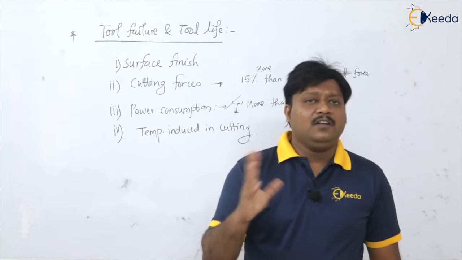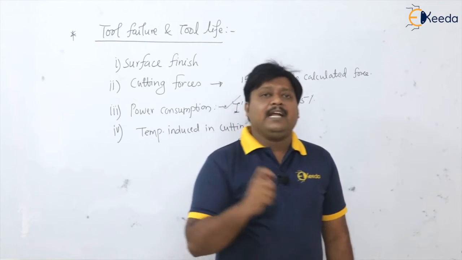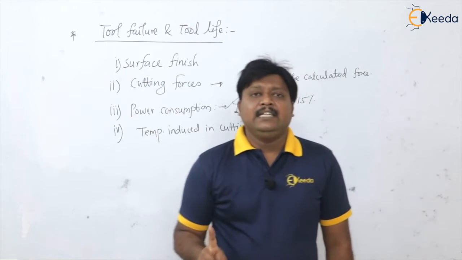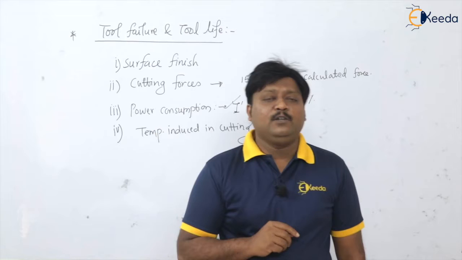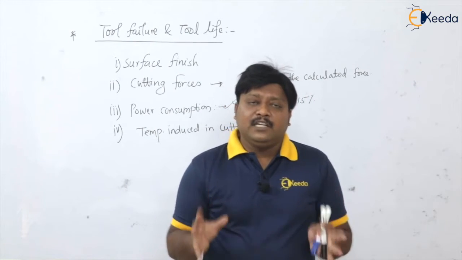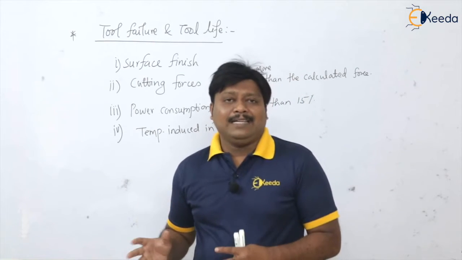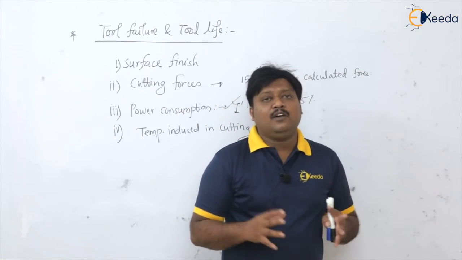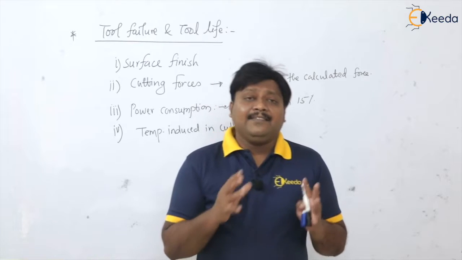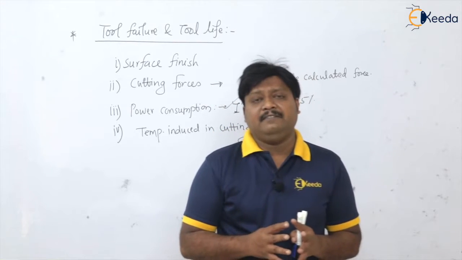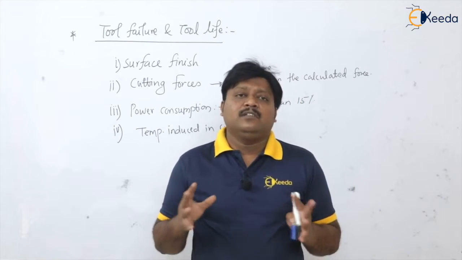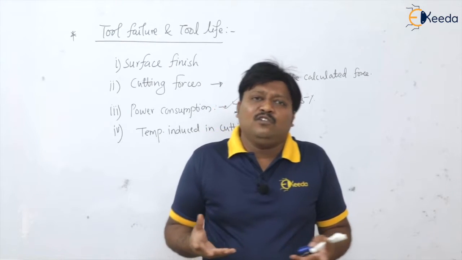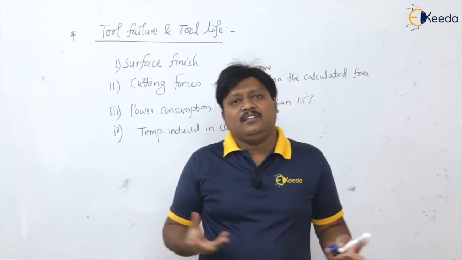Now if you look at what are the modes of tool failure, basically there are three modes of tool failure. One is the failure of the tool because of plastic deformation. Second is failure of the tool because of mechanical breakage. And third mode is the failure of the tool naturally or gradually, that is, gradual wear is responsible for the tool failure.